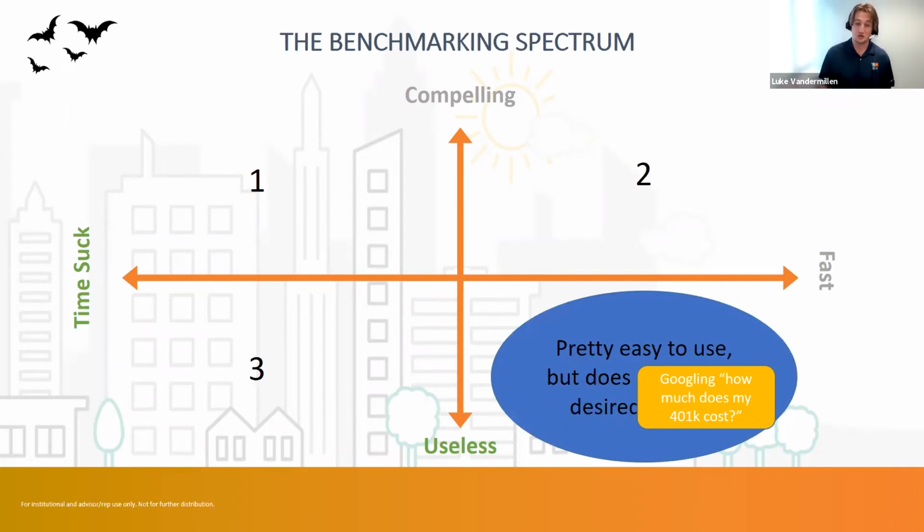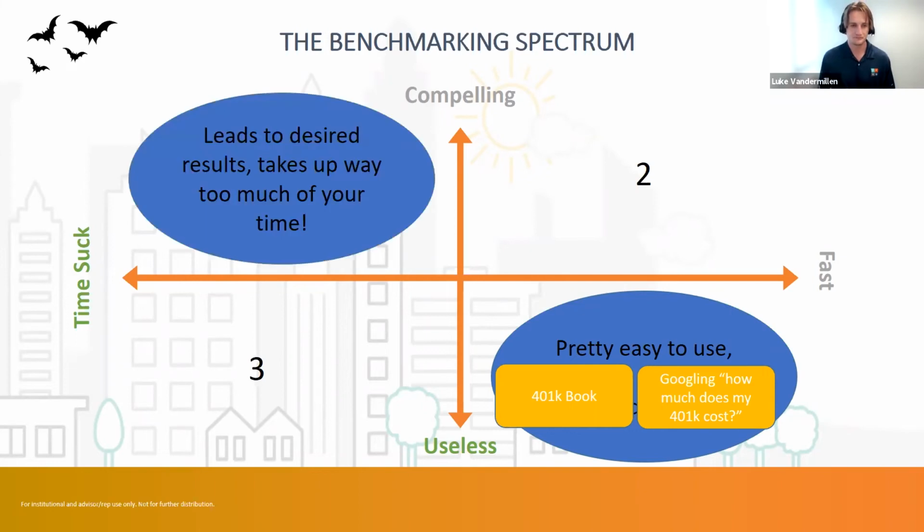That's going to be just Googling how much does your 401k cost, or using an old-fashioned hard copy book to benchmark your plan. These resources are a little bit outdated, despite the fact that they're efficient and fast to use. They don't really lead to the desired outcomes for a plan participant.